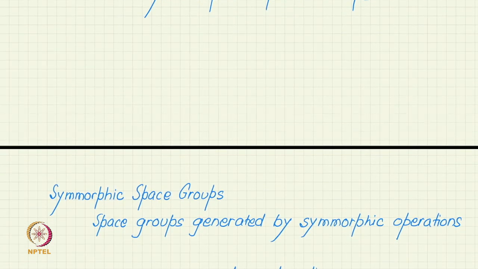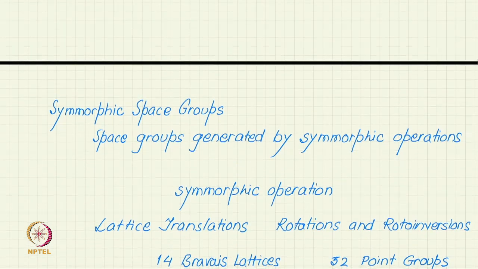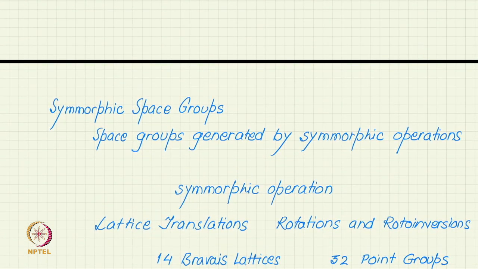So, the definition of a symmorphic space group is a space group generated only by symmorphic operations. Recall that symmorphic operations are lattice translations, rotations and roto-inversions. So, what is left out in this? It may look like we are considering all operations, but no, we are leaving out two important kinds of operations, which are screw and glide.